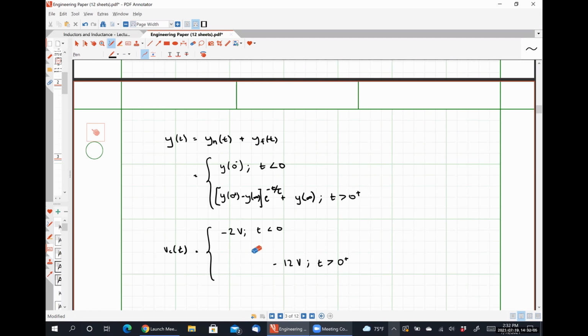So if I have y at 0 minus y at infinity, that's -2 minus -12, which gives me positive 10.